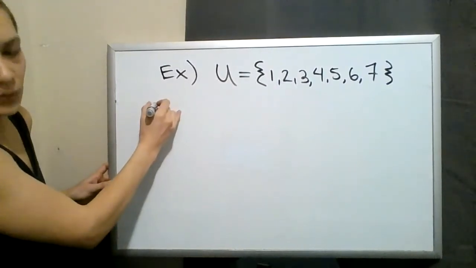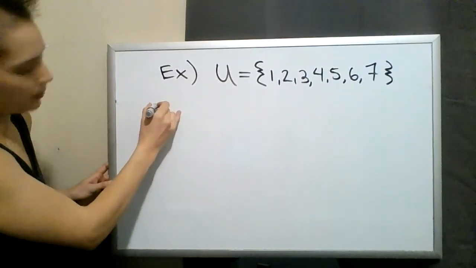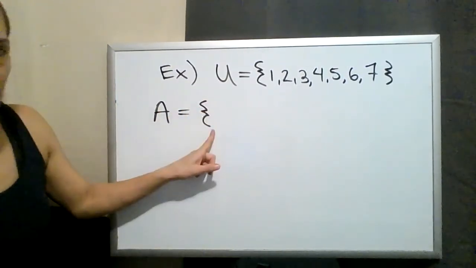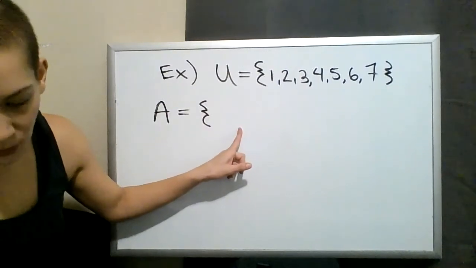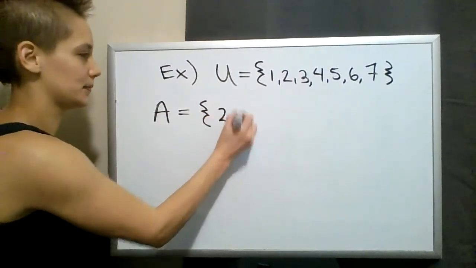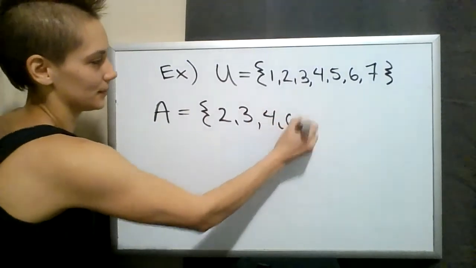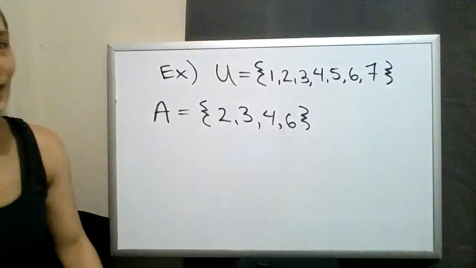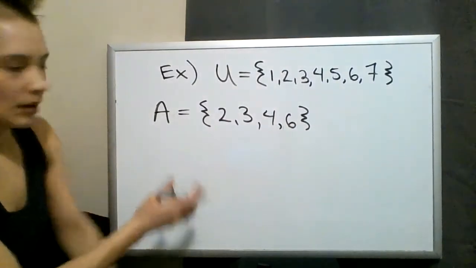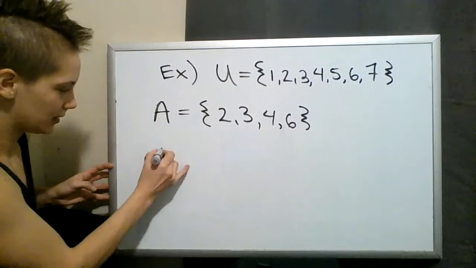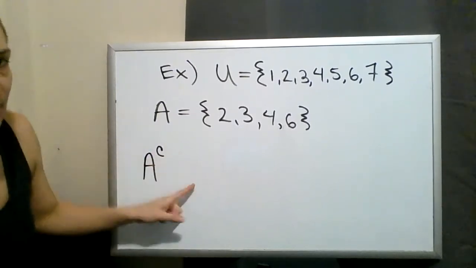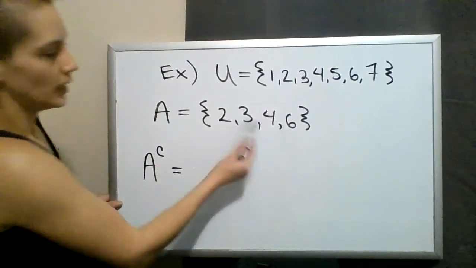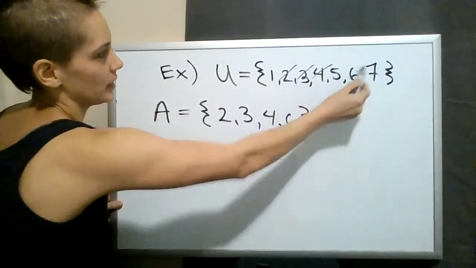We have one subset, we'll call it capital A, and inside of your set, we have 2, 3, 4, 6. And we just want to find the complement of A. A complement is everything that's not in A. So not 2 or 3 or 4 or 6.